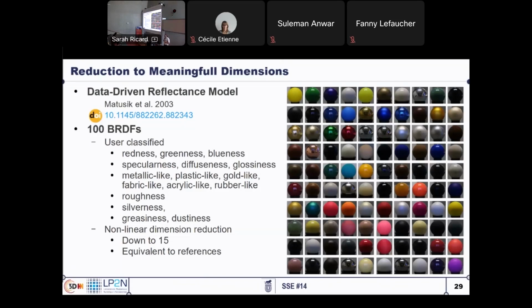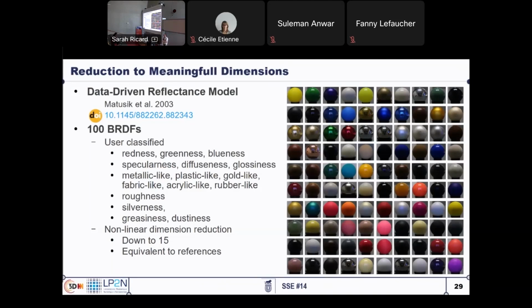The idea was to reduce the dimension of the problem using PCA analysis, non-linear principal component analysis, with dimension 15 instead of 100.